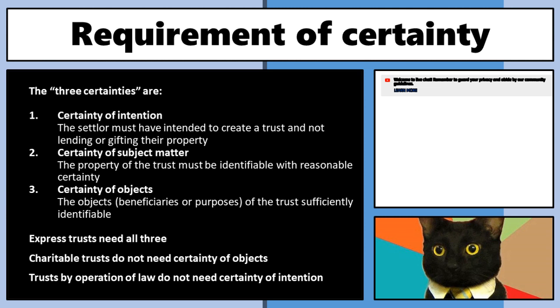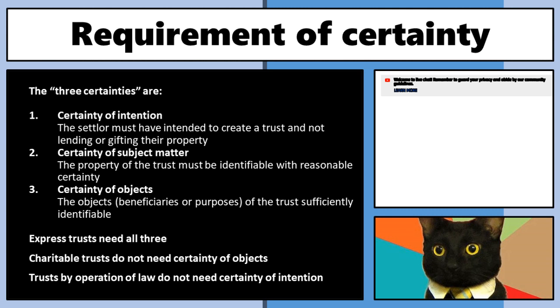So last week we talked about certainty in terms of trusts, that needing to have this first one, which is intention. And the analogy is with contract law. In a contract, who needs to have intention? Both parties.